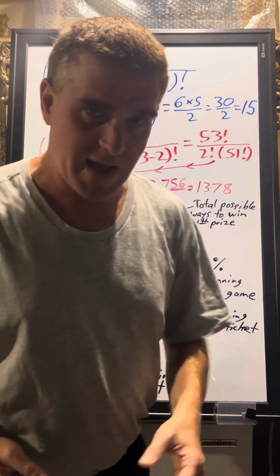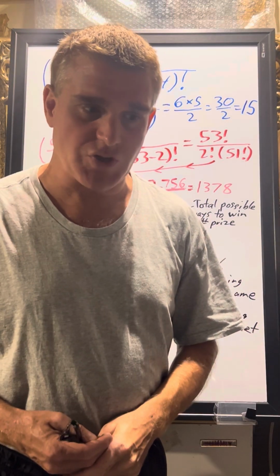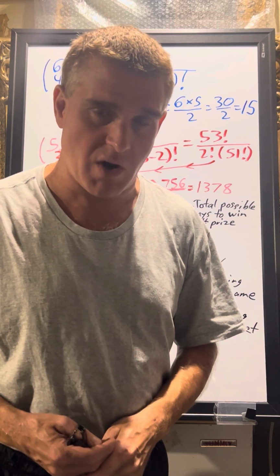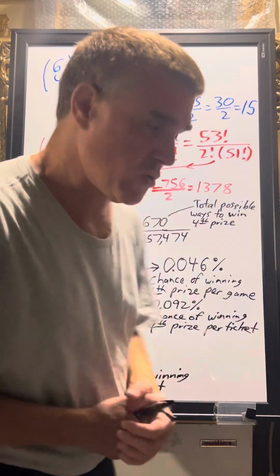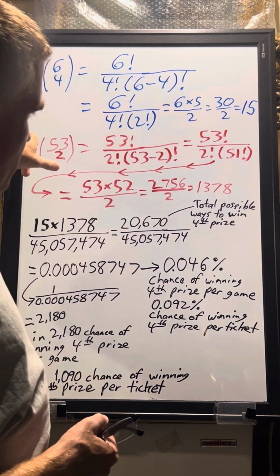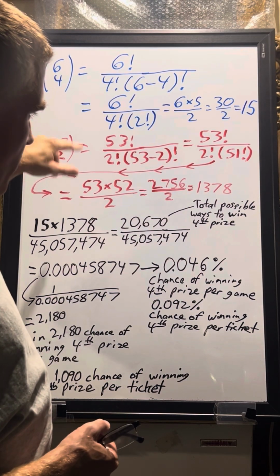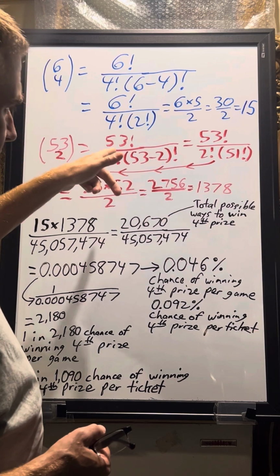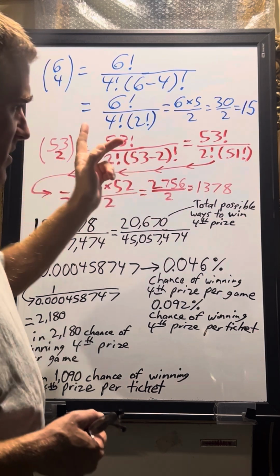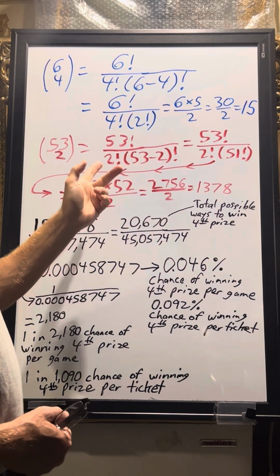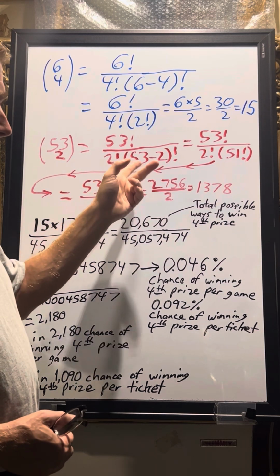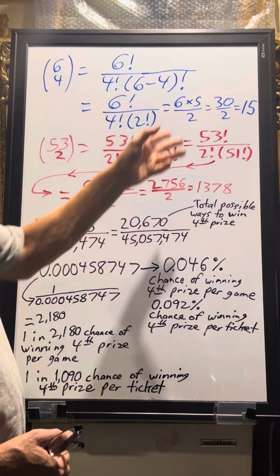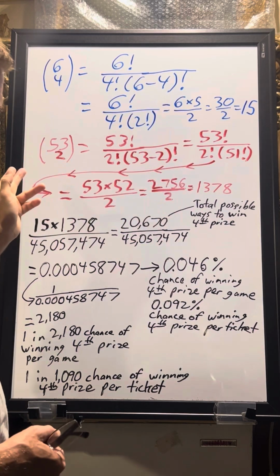So how many different ways can those 2 numbers that were wrong be wrong? Write another binomial coefficient, 53 choose 2. So again, this is 53 factorial divided by 2 factorial multiplied by (53 minus 2) factorial. And then you just follow the exact same thing.